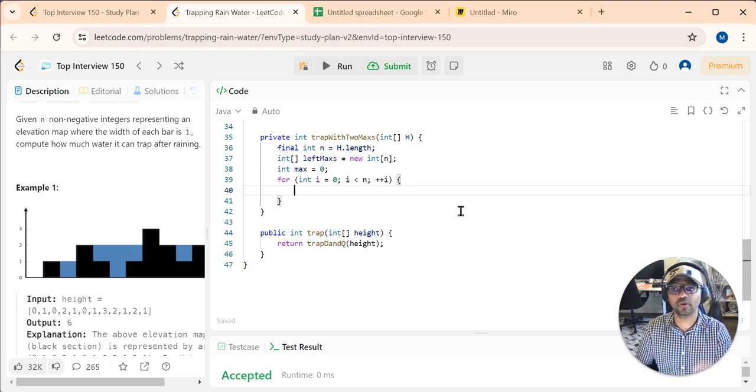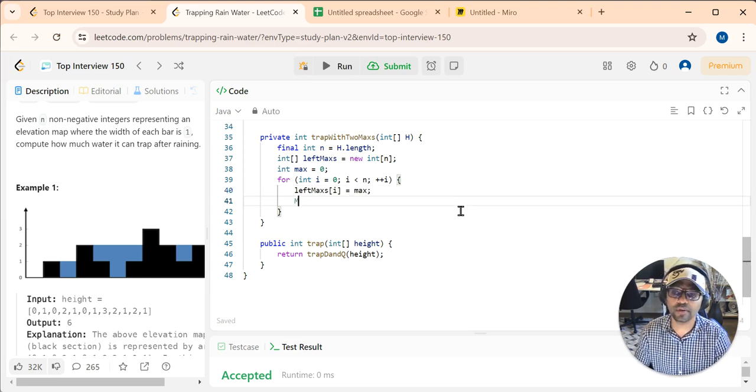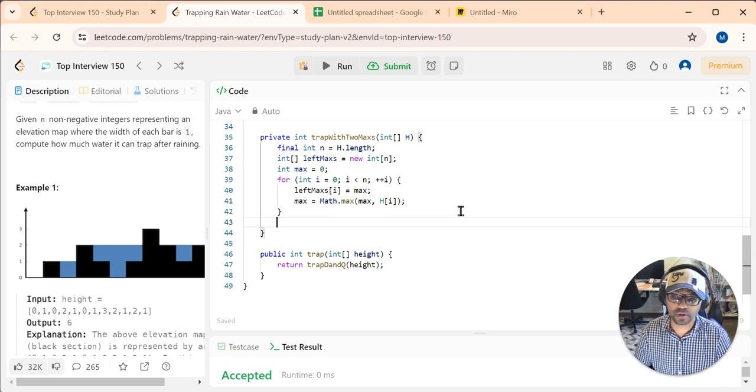So what I mean is, we say left maxes of i is equal to max. We do that first, and then we say max equals math.max, max comma h of i, not left maxes of i, right? Yeah, I think that works. And that will calculate all the left maxes, and similarly, let's calculate all the right maxes.